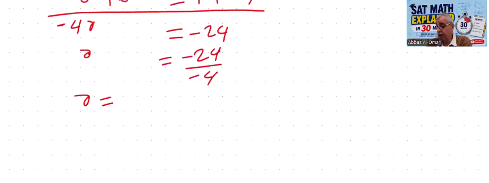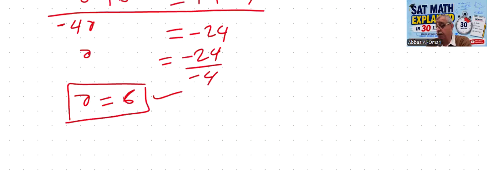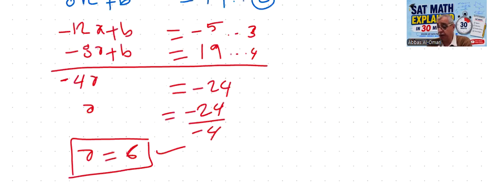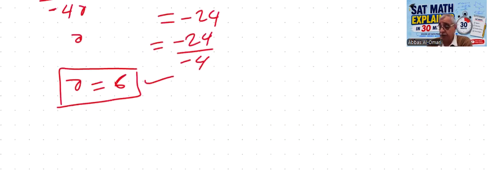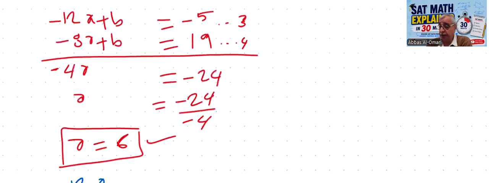So we now know a, so we can determine b from any of the equations. Let's take equation 3: minus 12a plus b equals minus 5.